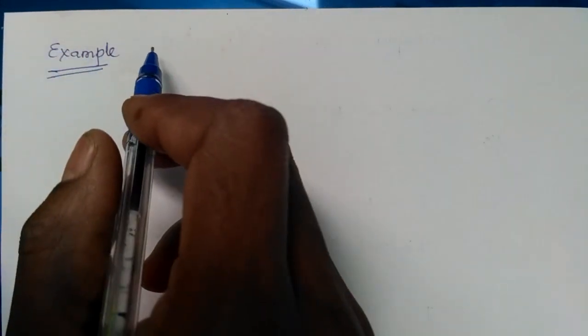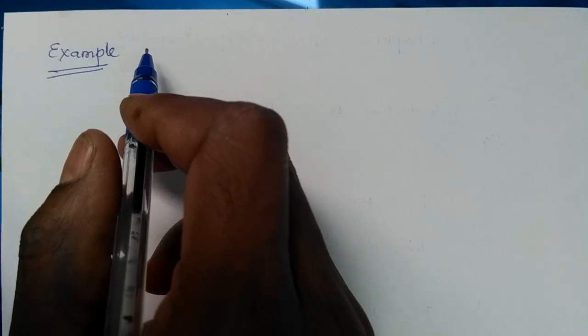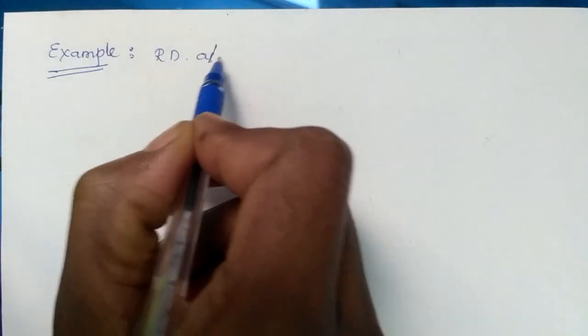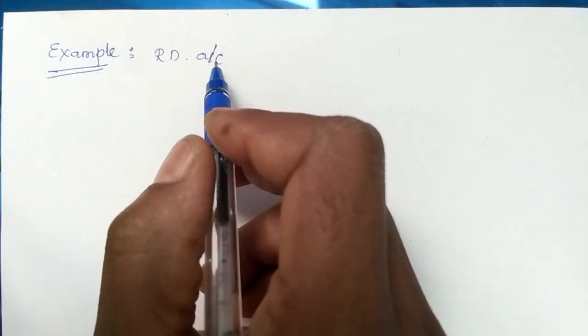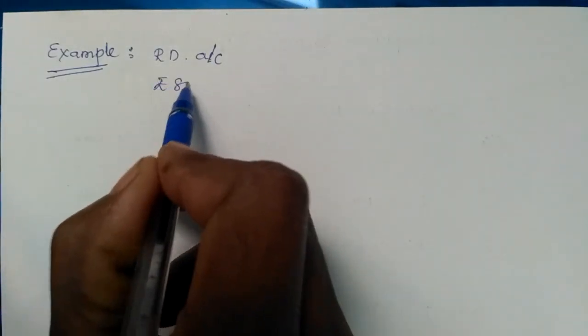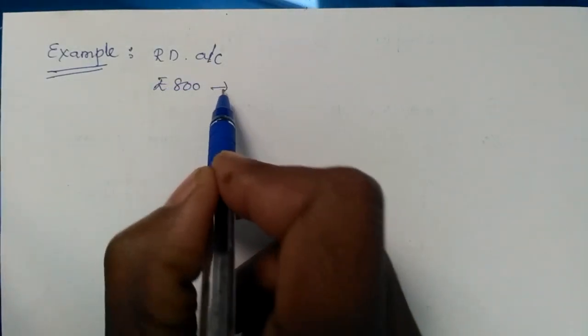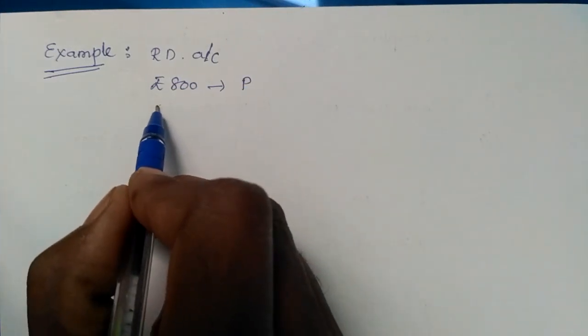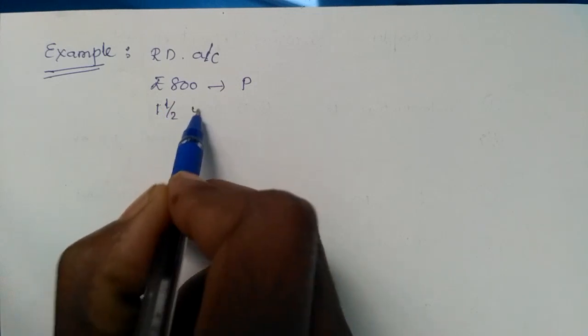Example: a man opened an RD account in a bank and deposited 800 per month. So he is depositing 800 per month, definitely it is P. For 1.5 years, they said.